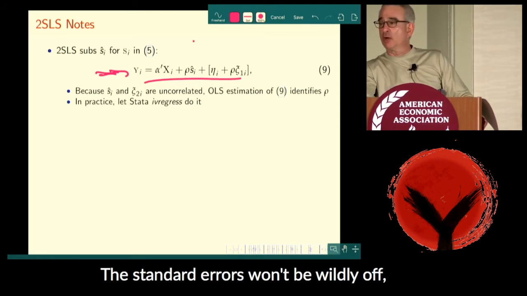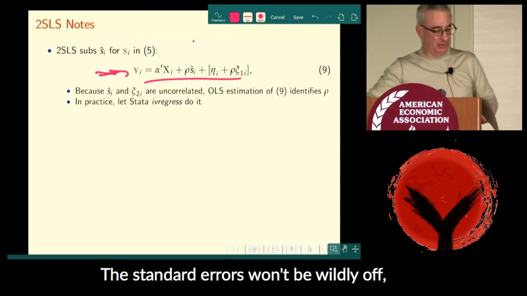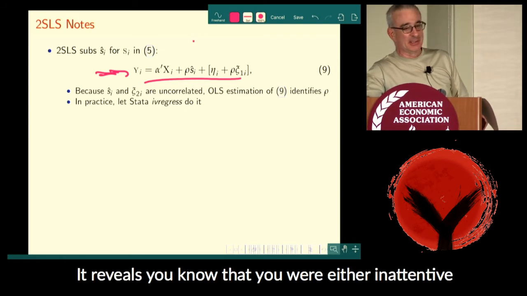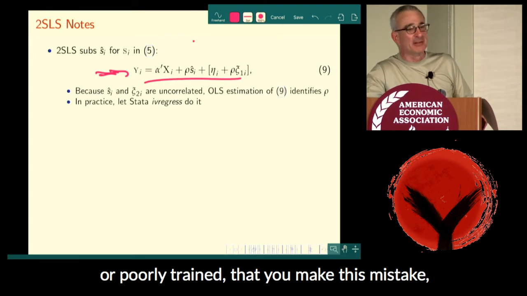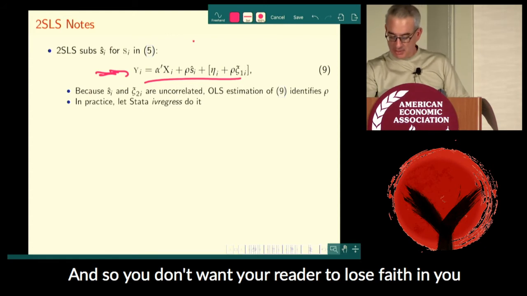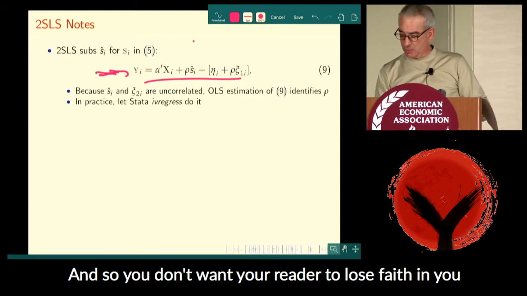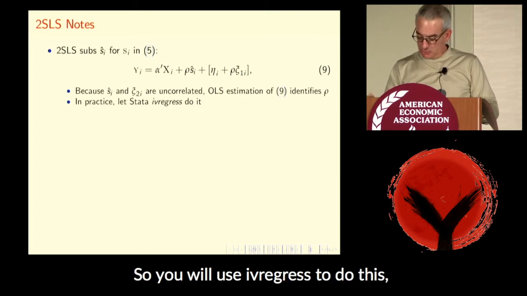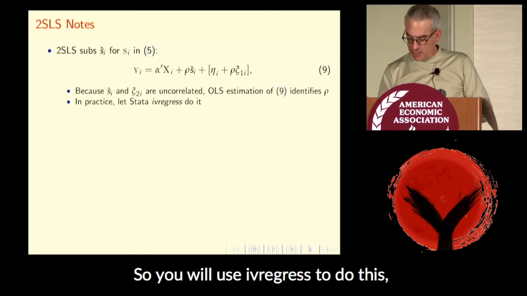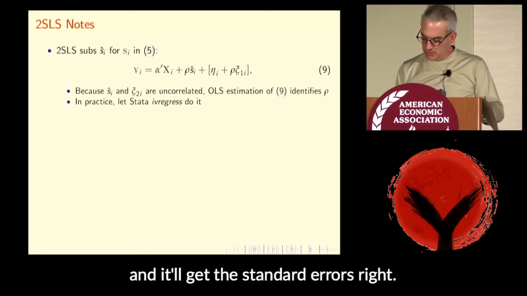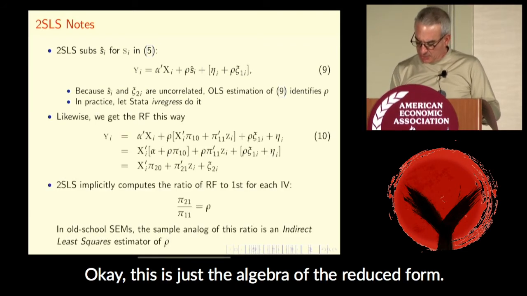The standard errors won't be wildly off, okay, for the most part. It's kind of a social thing, okay? It reveals that you were either inattentive or poorly trained, that you make this mistake, because it's an easy mistake to fix. And so you don't want your reader to lose faith in you by making an obvious mistake. So you will use IV regress to do this, in Stata, for example, IV regress, and it'll get the standard errors right. Okay. This is just the algebra of the reduced form.